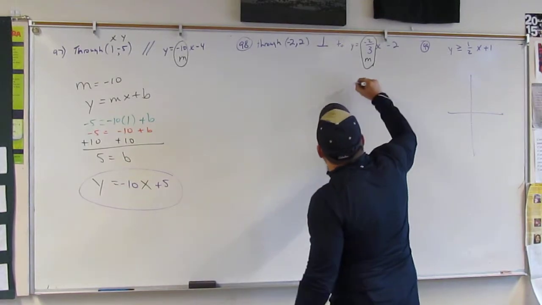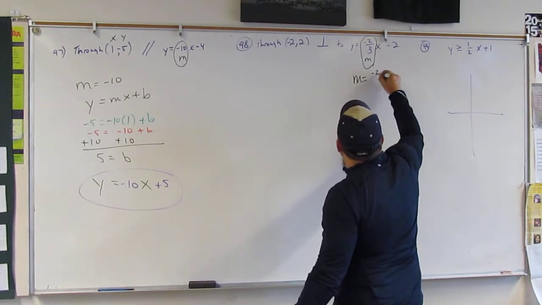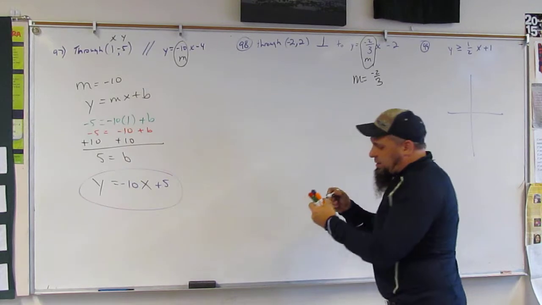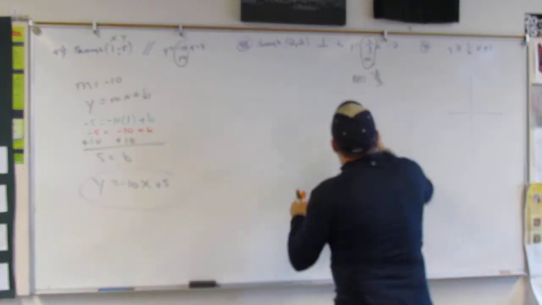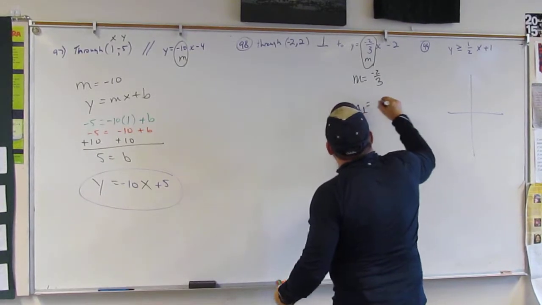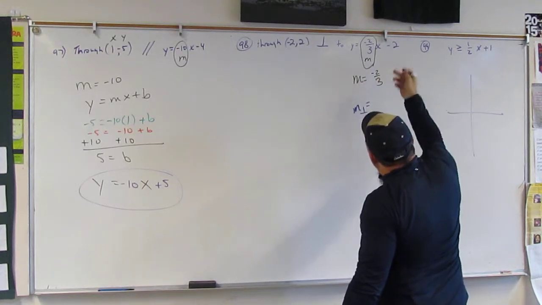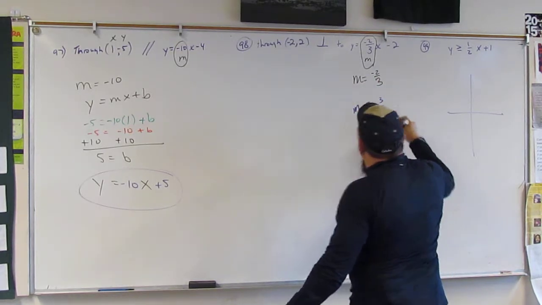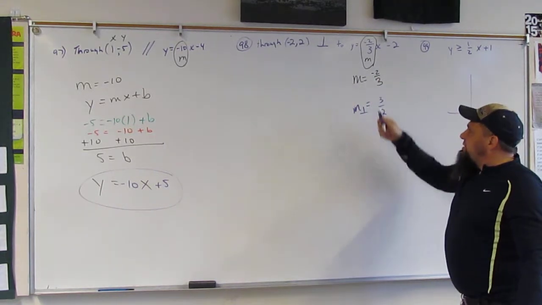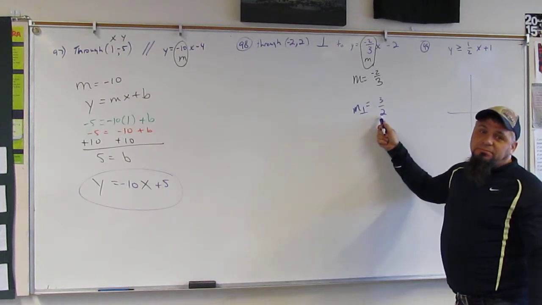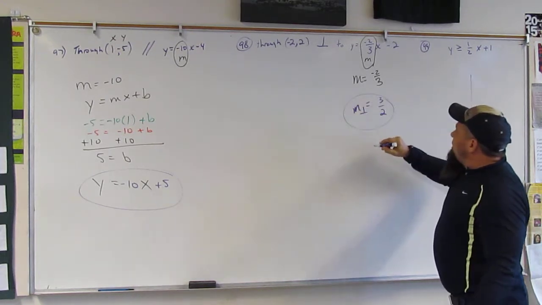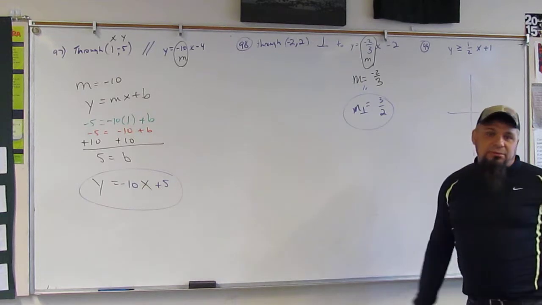So if your slope is equal to -2/3, right? Your perpendicular slope is going to be the opposite of that. So it's going to be 3/2, and if this one's negative, then this one's going to be positive. Okay? So that's perpendicular, and that's parallel, right?